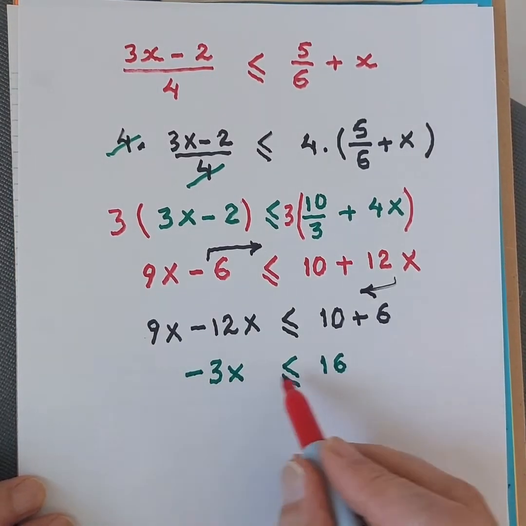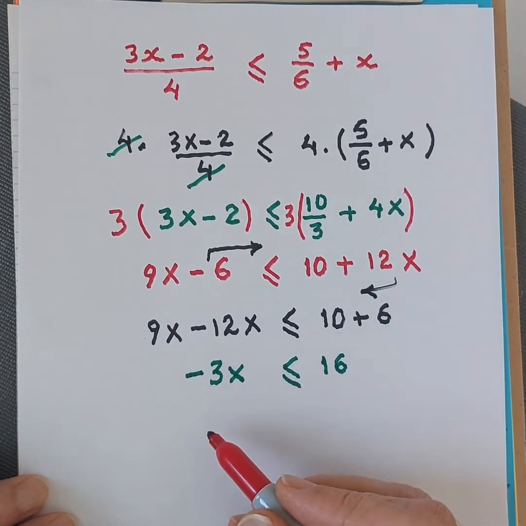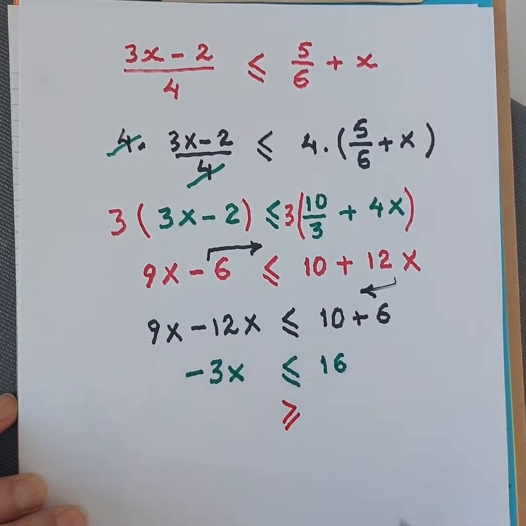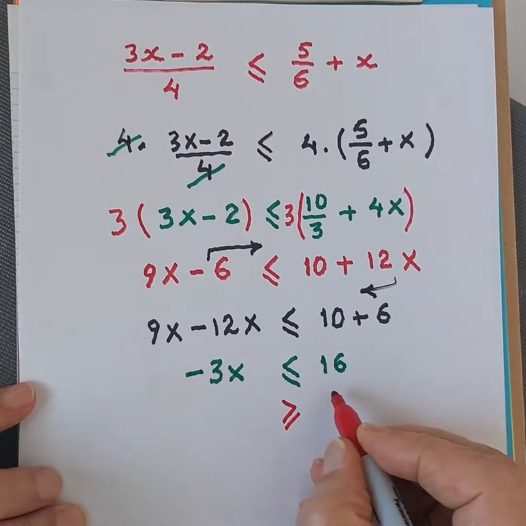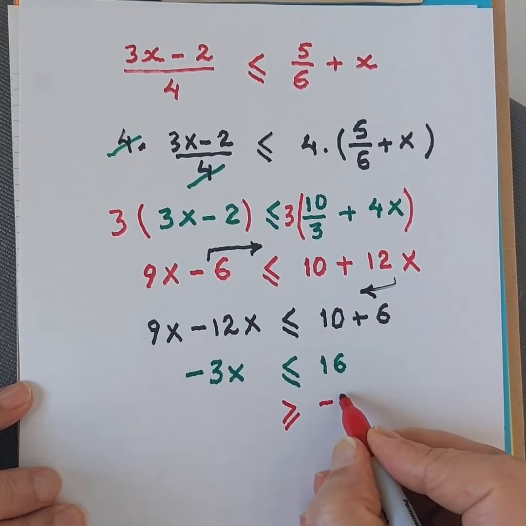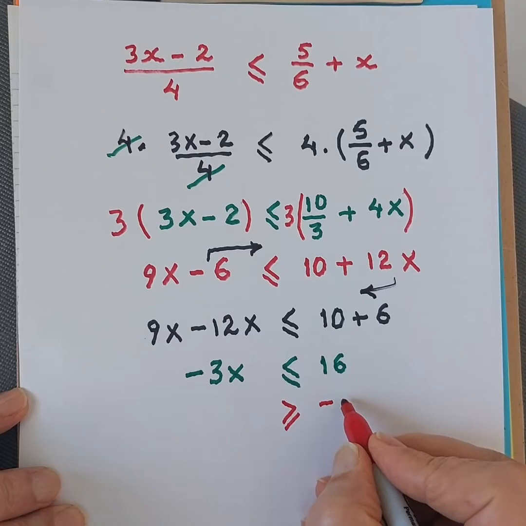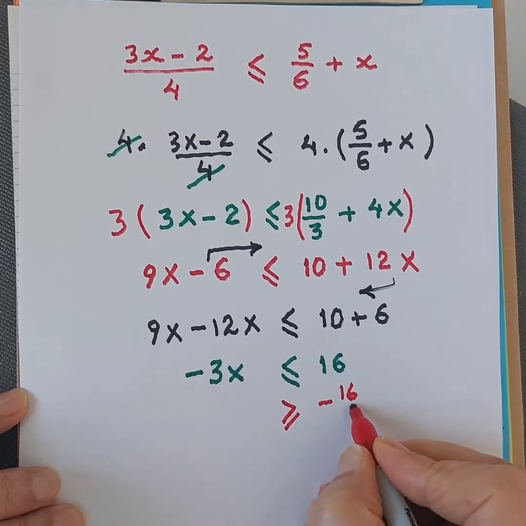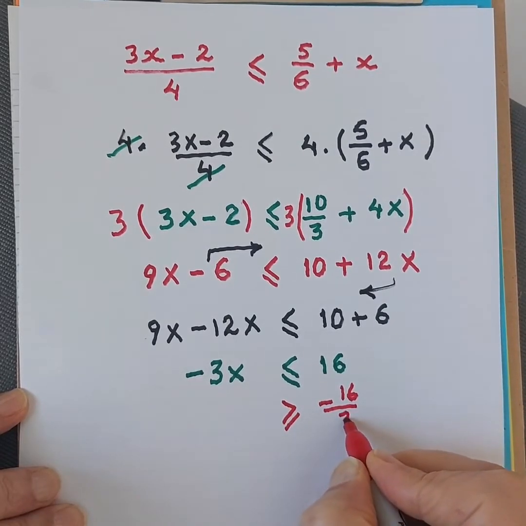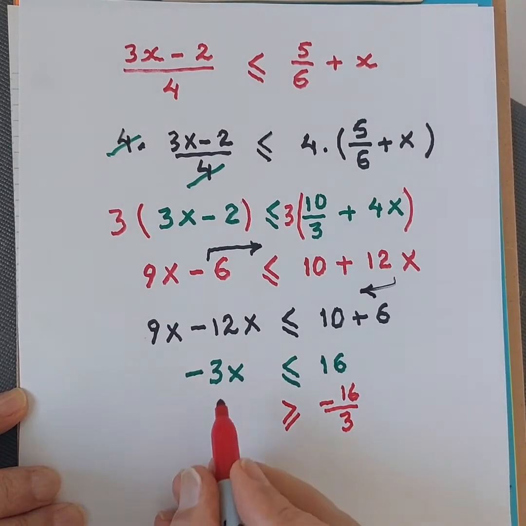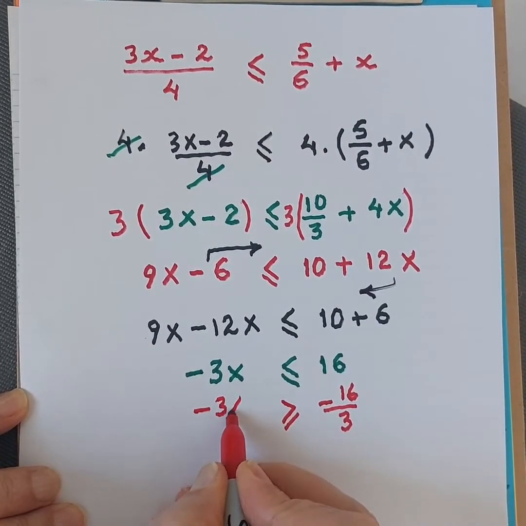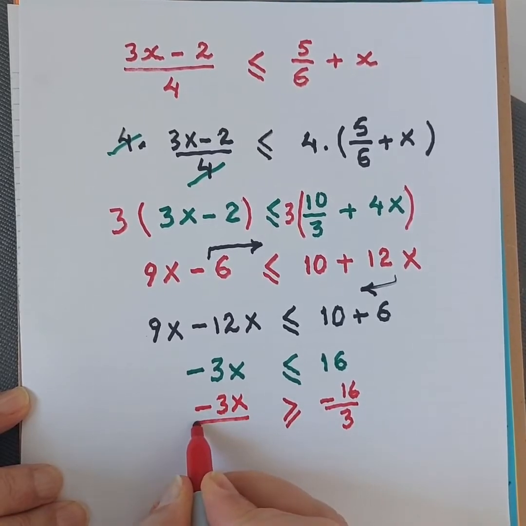So it's better to write it in a new step, not writing here right away, because of greater than or less than. Here negative 1/3 of 16 divided by negative 3, it's the same meaning. And here negative 3x divided by negative 3.